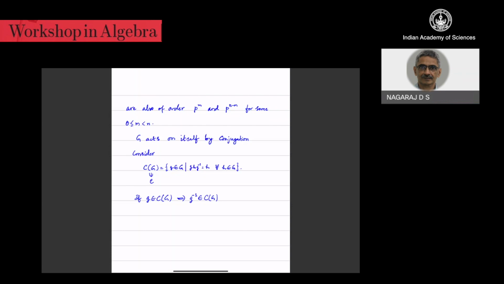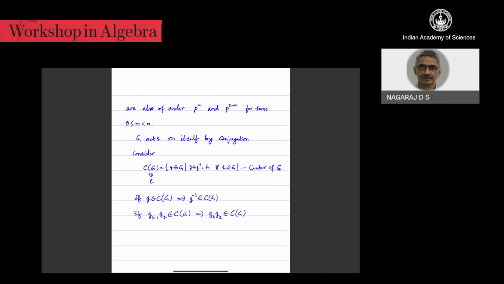That is the same thing as saying that g inverse is in the center. So if g is in there, g inverse is also there, and if g1, g2 belong to C(G), this implies g1 g2 is also in C(G).